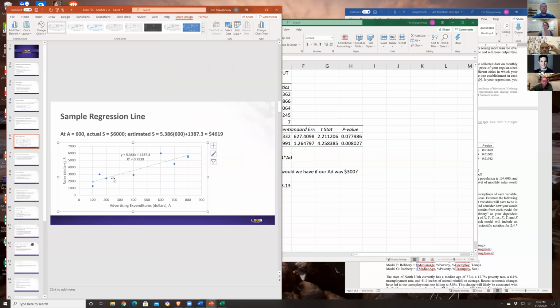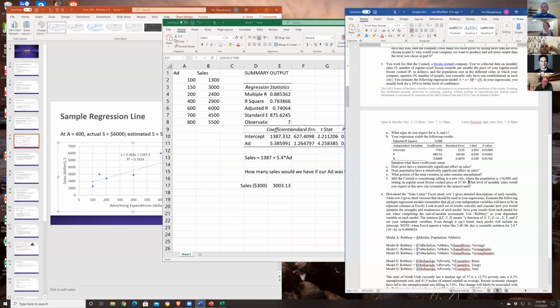It's going to be predicting it somewhere directly on this line. So if you see the 300 value for A, it looks like it's sitting right on top of the 3,000 sales, but I can see here that it's actually 3,003, which is going to be pretty imperceptible on this line, but slightly above where that 3,000 horizontal guide is.